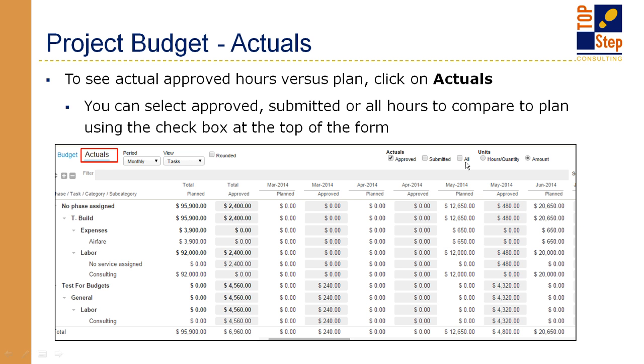So it's plan versus actuals for your budget and any expenses or timesheets that have been approved, as I have it set. It's a nice quick view within the project without having to build a report to see where my project is. You can use that monthly, weekly, quarterly, whatever you would like. I think that's a really nice feature.